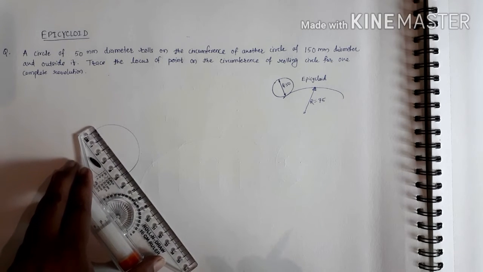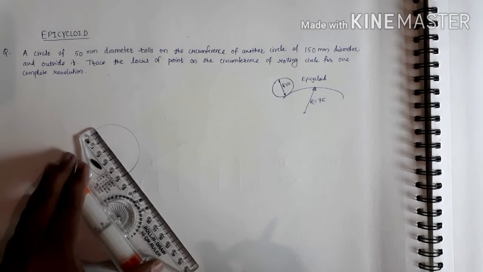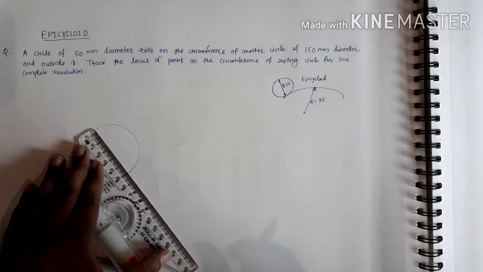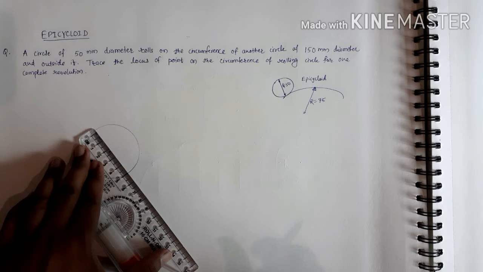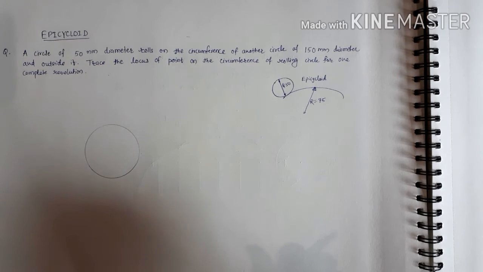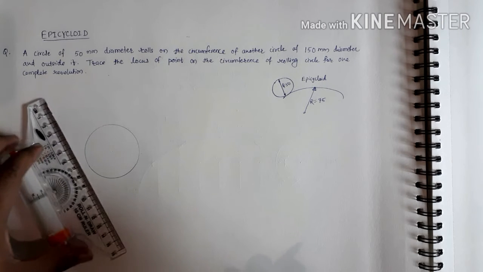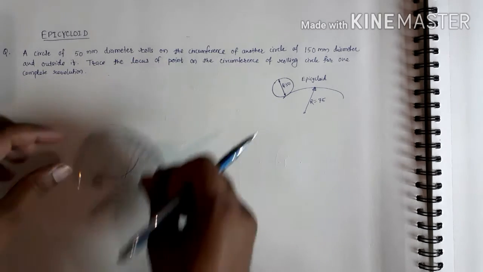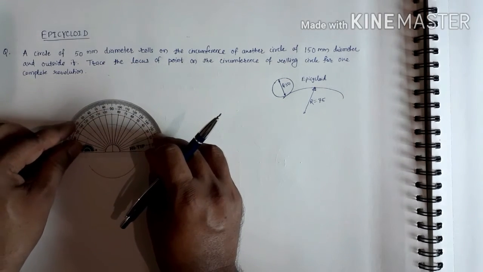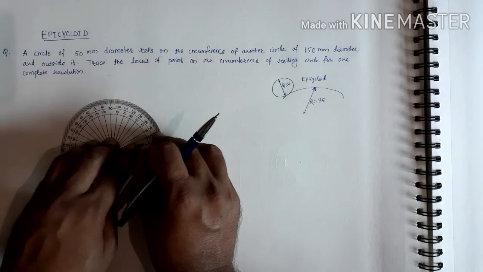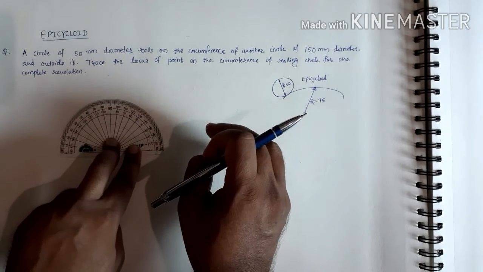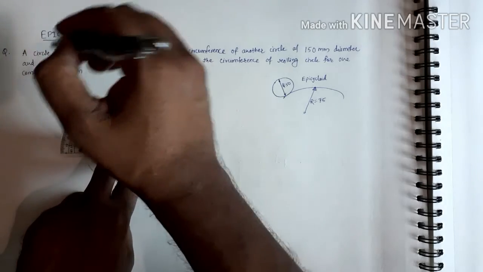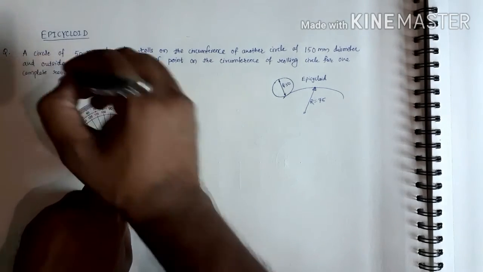So for dividing the circle in 8 parts, the total angle is 360 degrees. So 360 divided by 8 is 45 degrees. Each part will have 45 degrees. So with a protractor measure 45 degrees. First mark the points of 45 degrees each, 45, 90, like that.